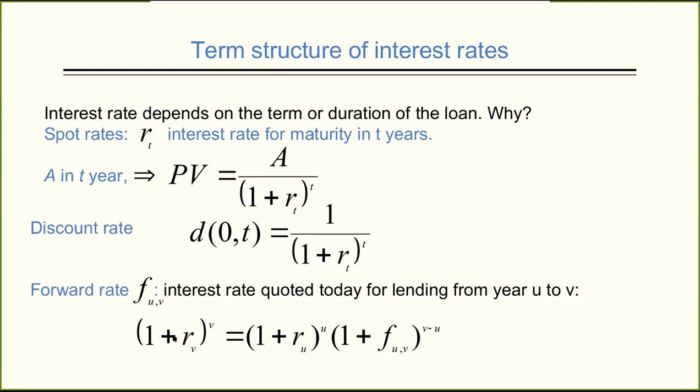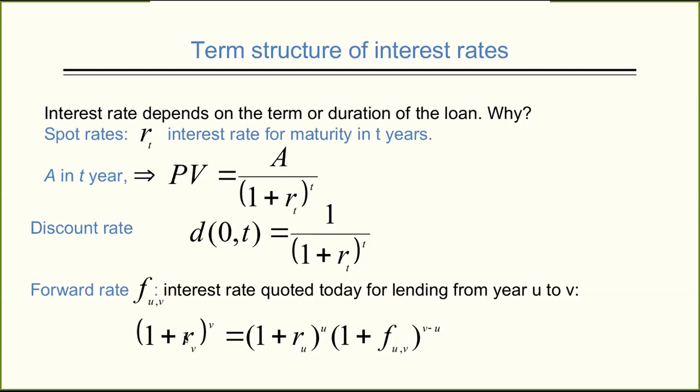It's written as (1 + R sub V) to the power V, and this is the product of (1 + R sub U) to the power U, multiplied by (1 + F from U to V) to the power V minus U. Again, R little in this case is the spot rates.